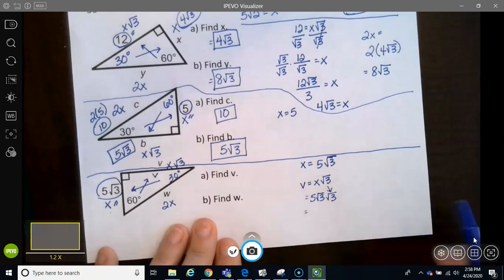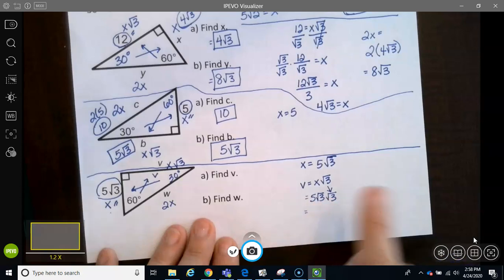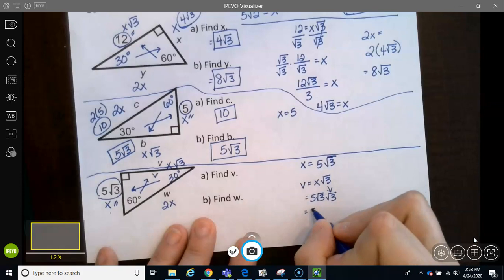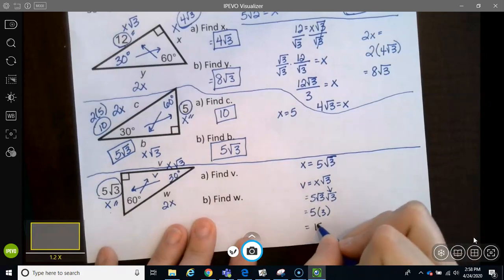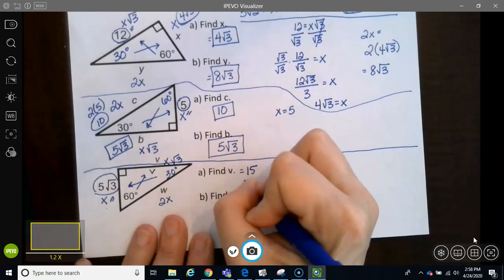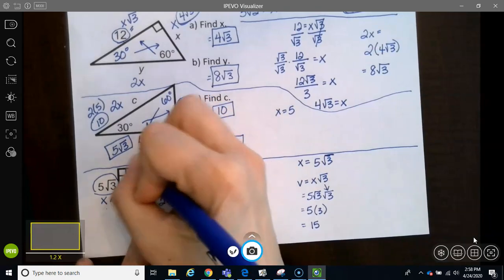Okay? Now, square root of 3 times square root of 3 is basically just multiplying the two numbers underneath the square root. So that ends up being square root of 9, and square root of 9 is just 3. So basically, we've gotten rid of the square root. So we have 5 times 3, giving us 15. So this side is 15. Go ahead and label it over here as well.